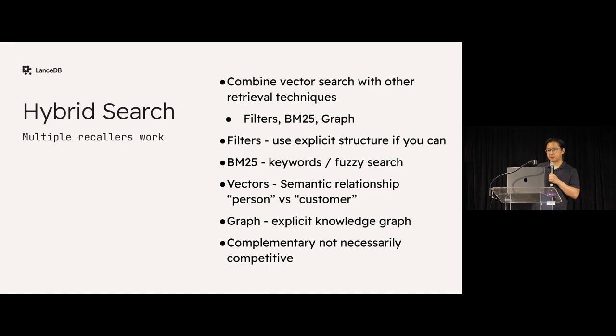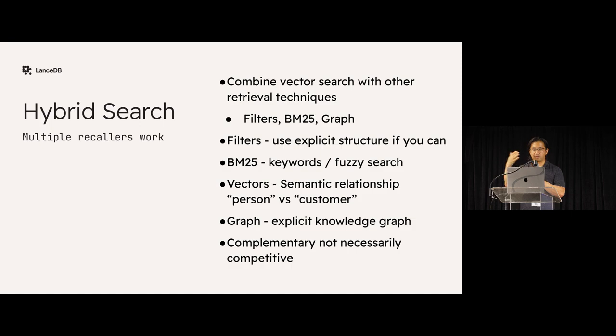You can certainly filter the search before you get into BM25, and recently there's been more research into graph RAG and using graph databases for retrieving more complicated and sophisticated relationships. So filters: if you have explicit structure, use it if you can. Keywords and fuzzy search: BM25 is really good at that. And vectors capture semantic relationships.